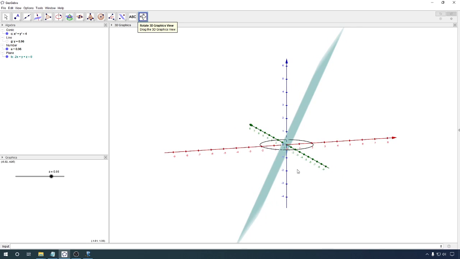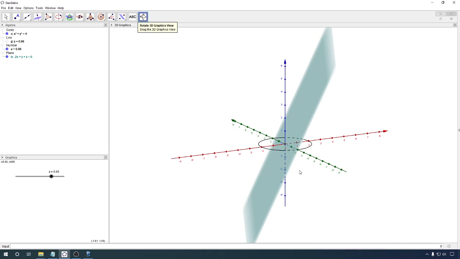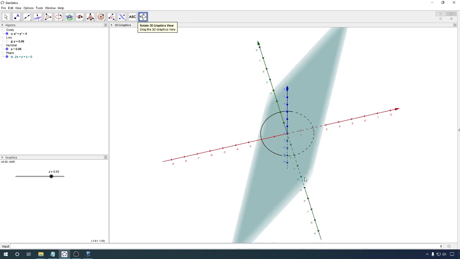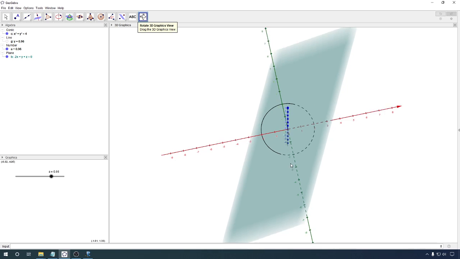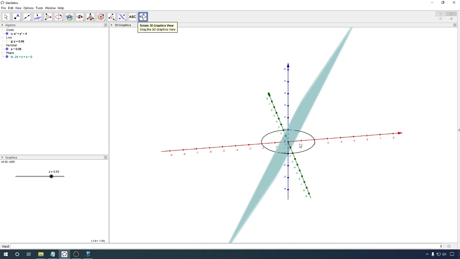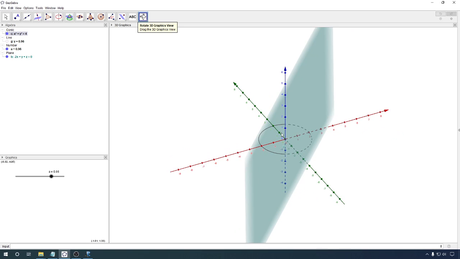And I'm not saying half in a very vague kind of half and half way. I'm saying this plane literally cuts that circle into two pieces. On this piece over here, it's below, and on this piece over here, it's above. So if we look at the positive volume under that plane over here, and the negative volume above this plane over here, those are equal to each other, at least in absolute value.